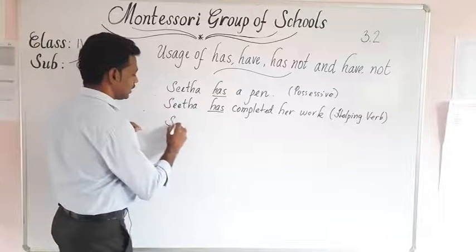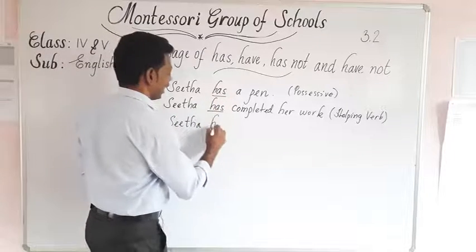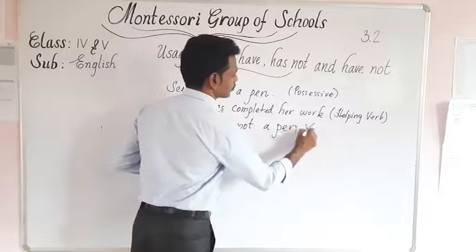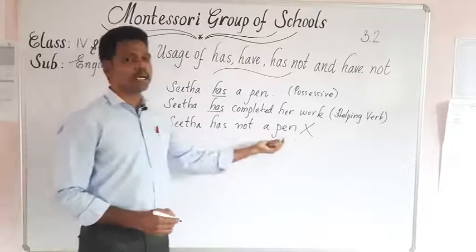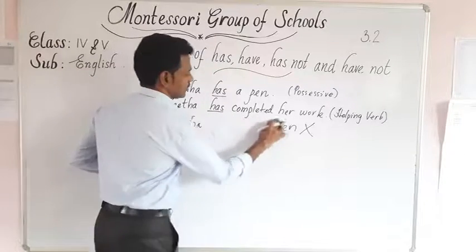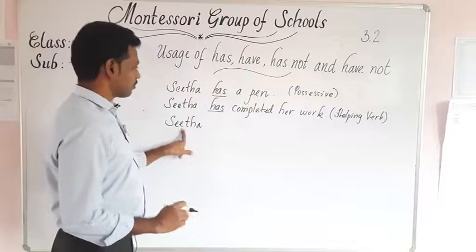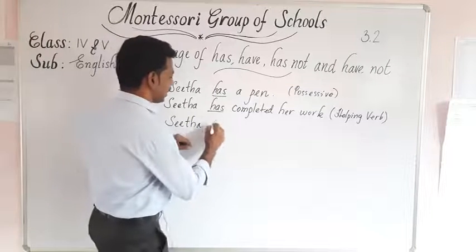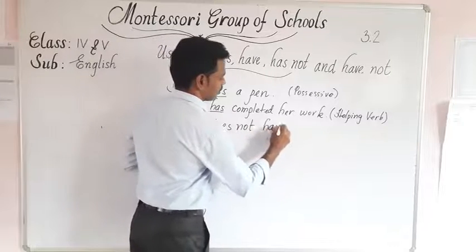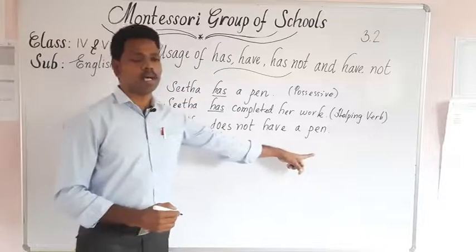So Sita, we can't simply write "Sita has not a pen." This is wrong. Since Sita is third person singular, in order to change it, "Sita does not have a pen."